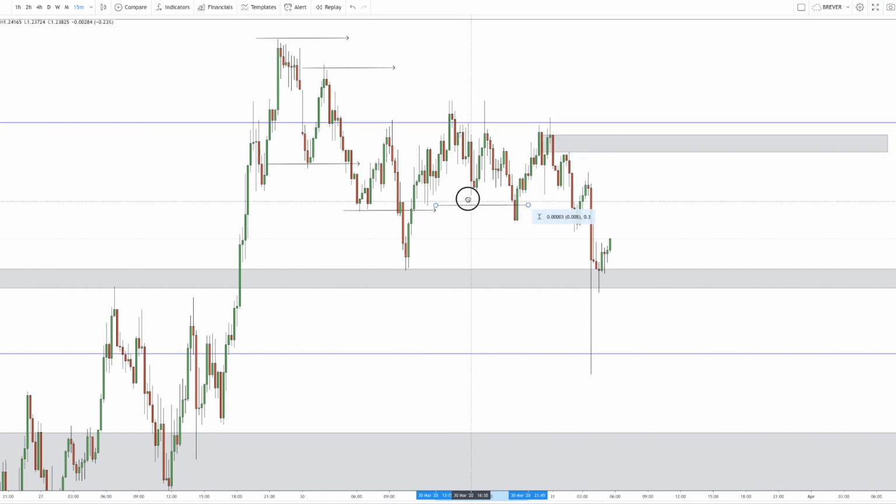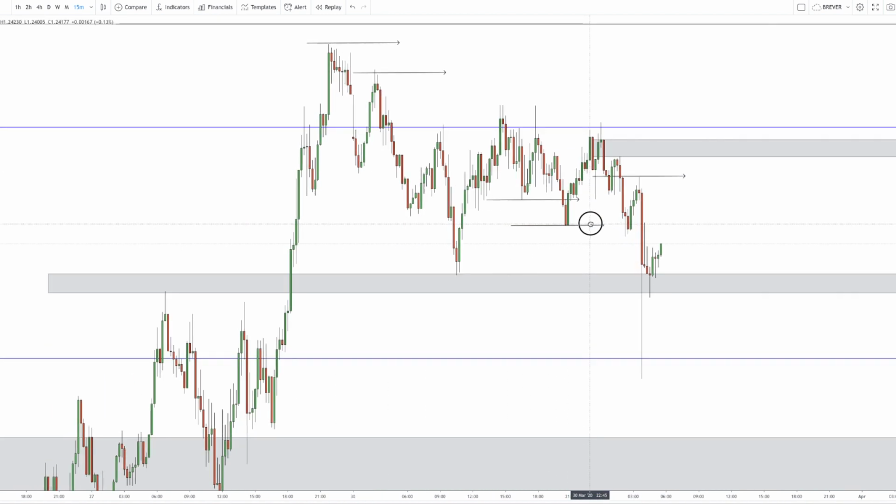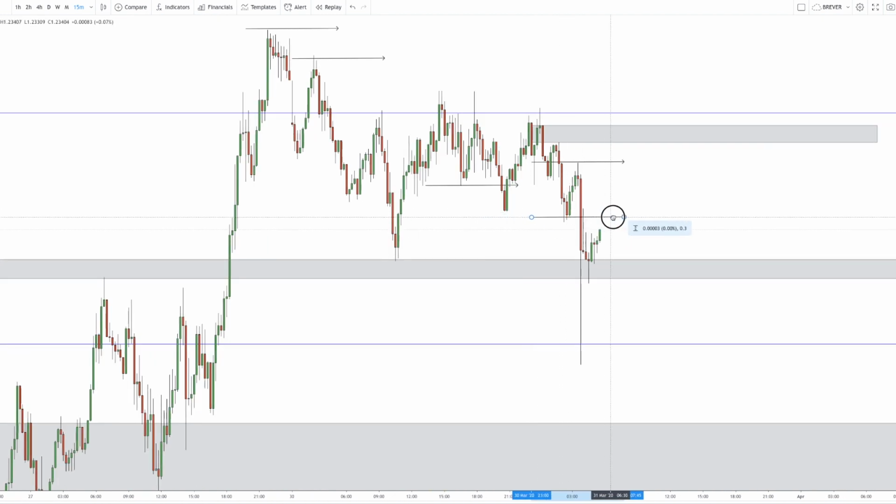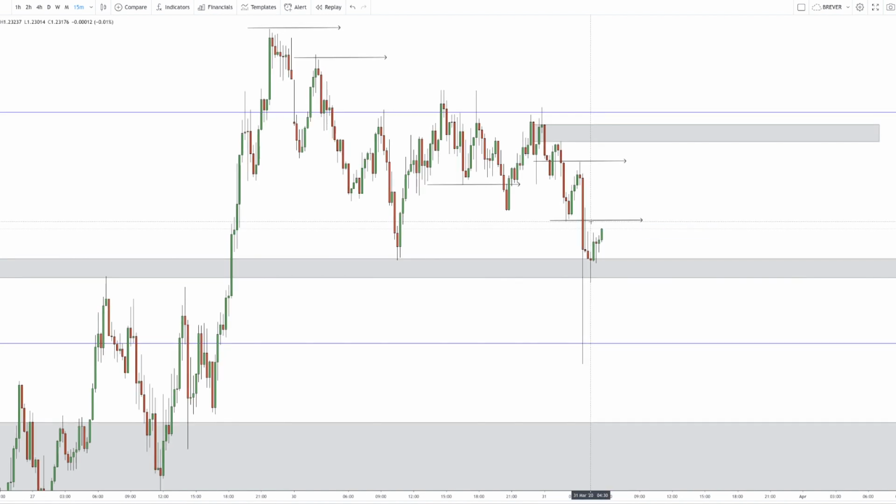Then we came to form lows, then the same high, then a lower low, because this is lower than this one. So we formed this lower low, and now we formed this high. Now you can see that this low has already been broken here in the 15 minutes.